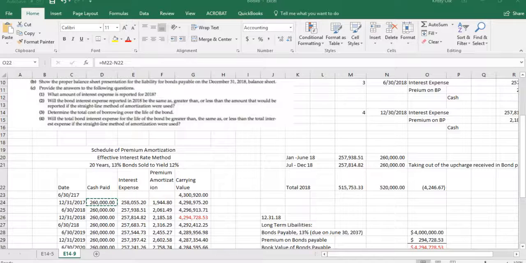As the carrying value changes, the dollar value of the interest attached to it changes, but the interest rate itself, the percentage, doesn't. So the amount of interest expense recognized in a given period will also change.